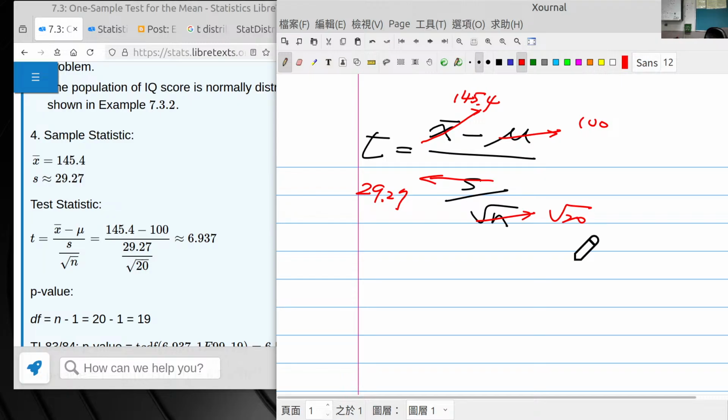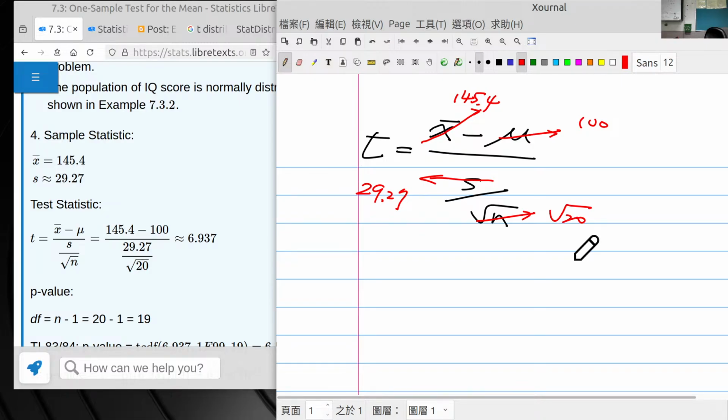Who can calculate this by typing it into the computer calculator? You can use the calculator software on the computer.